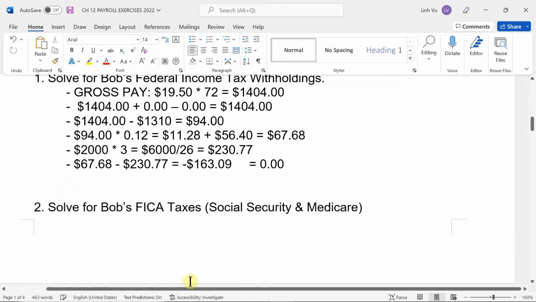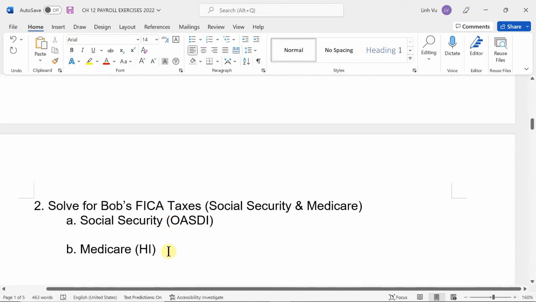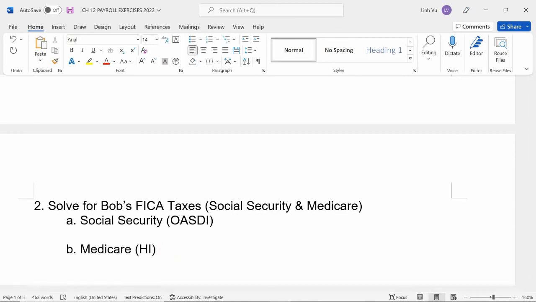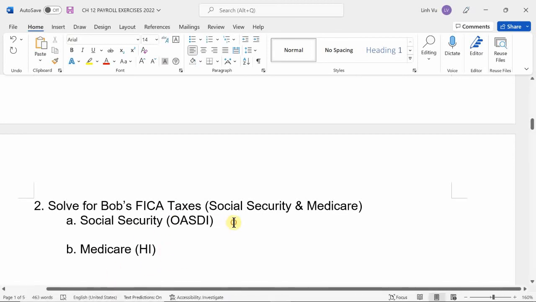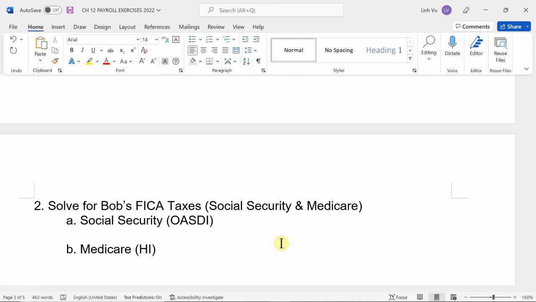Next thing we're going to do here is solve for Bob's FICA taxes, which is Social Security and Medicare. So Social Security, right? We know it to be a total of 6.2% of gross earnings. So if Bob earned $1,404, we need to calculate what 6.2% of that is.